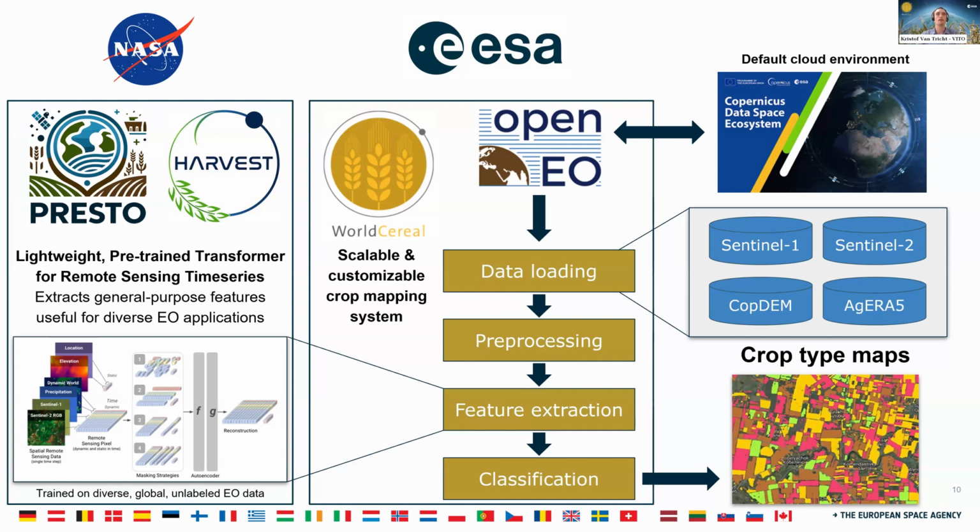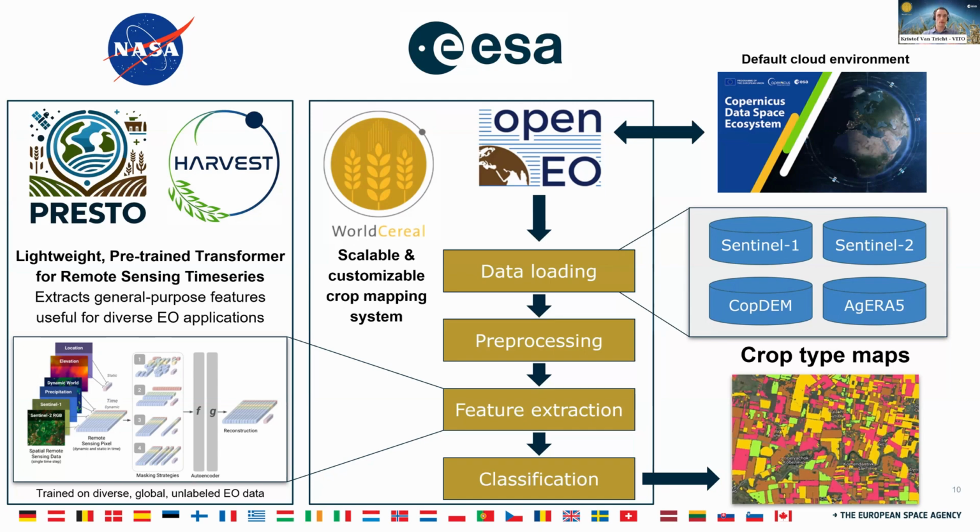And so we have been building a system that is now deployed on the Copernicus Data Space Ecosystem that takes away the whole workflow from the user, translates it into the OpenEO processing language, which then is connecting to the official archives, Sentinel-1, Sentinel-2, Meteo, and so on. Takes care of the data loading, takes care of the pre-processing. We then use Presto to do the feature extraction, finally apply a model that does the classification, and then that entire workflow running in the cloud gives you the cropland or crop type map.